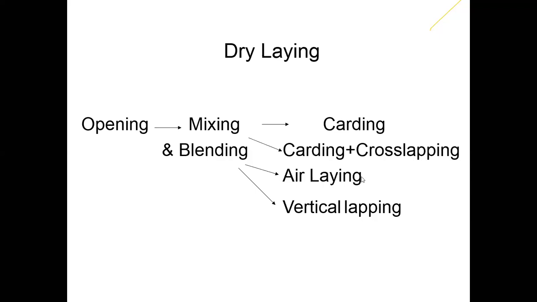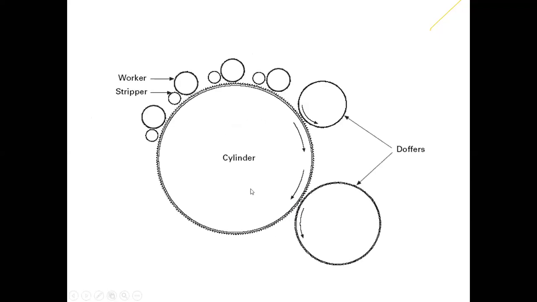So here in the air laying technique, the fiber direction is not clear, means most of the time the fibers are aligned in different directions. Therefore, it is called random laying. And then we have vertical lapping for parallel laid fabrics. So you all know carding, but it is a different kind of carding machine.